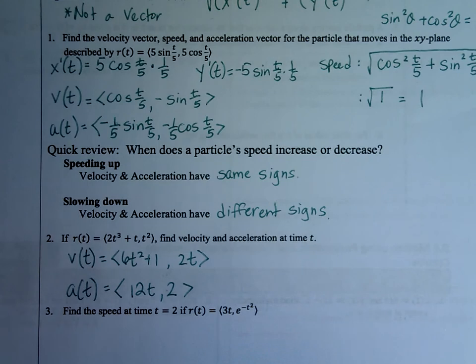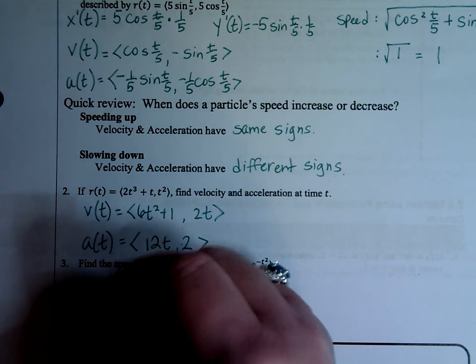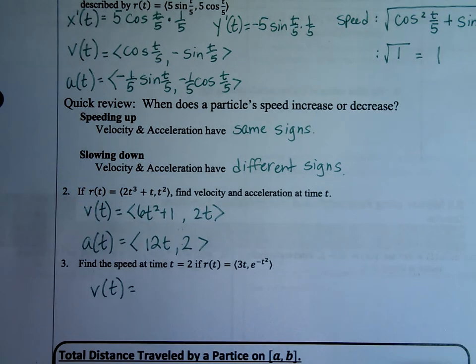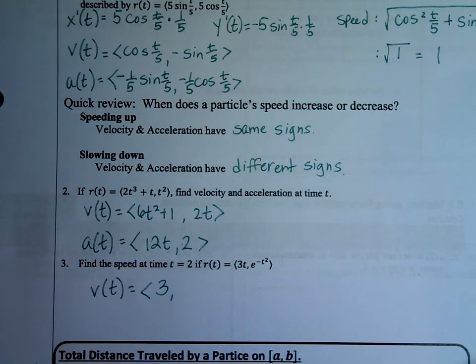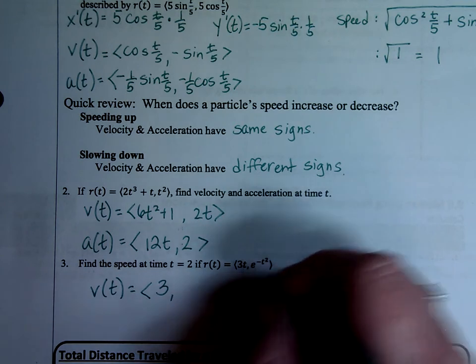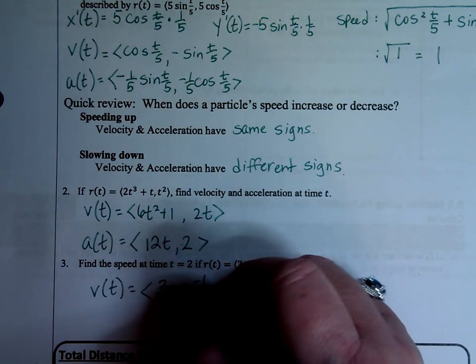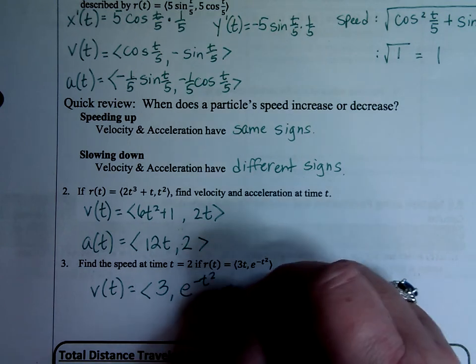Find the speed at time t equals 2 for this vector. Well, speed comes from velocity, so we need to find the velocity vector. Let's do that first. Velocity vector is going to be a 3, and then e to the negative t squared times the derivative of the power, which is negative 2t.